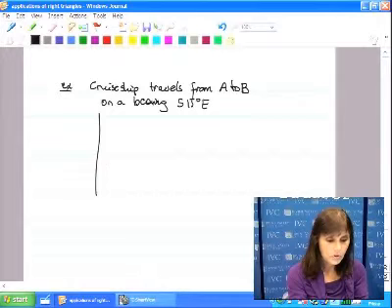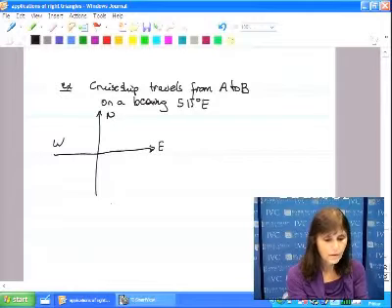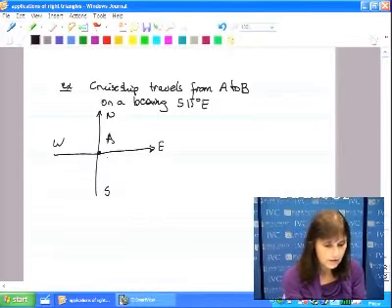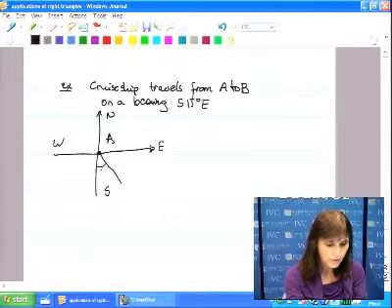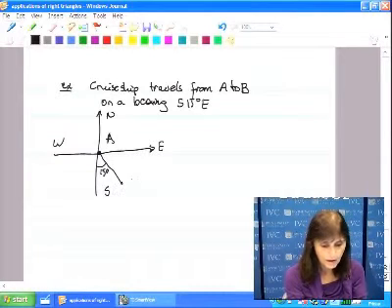Alright, I draw a picture right away. Oops, I'm not very good at this. East, west, north, south. I start from A, and I'm going south 15 east. Here's my 15. And I'm going towards, here's my B.